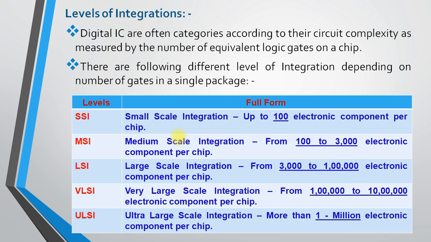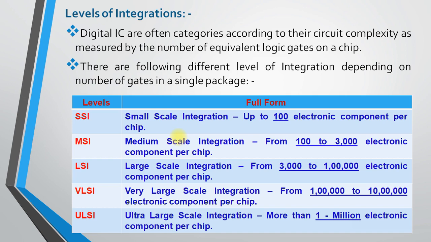Next is called MSI, that is medium scale integration. LSI means large scale integration, VLSI means very large scale integration, and ULSI means ultra large scale integration. Each level has a specific range of electronic components you can bound with the particular chip.